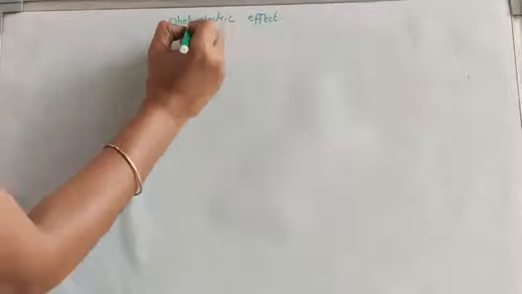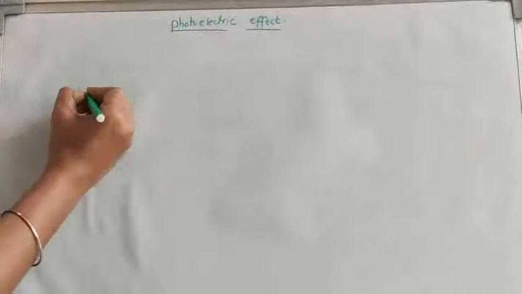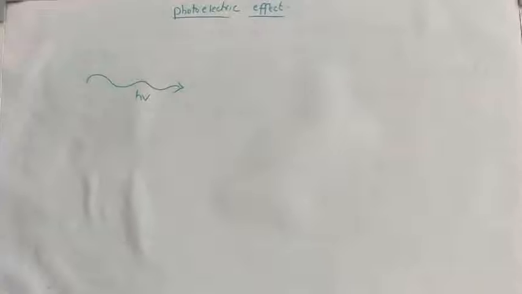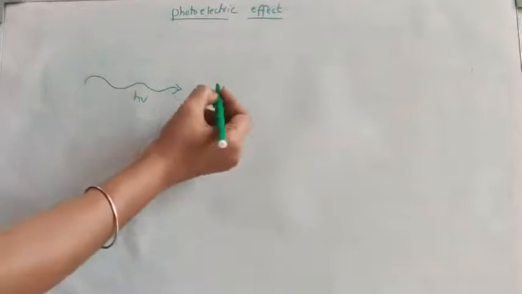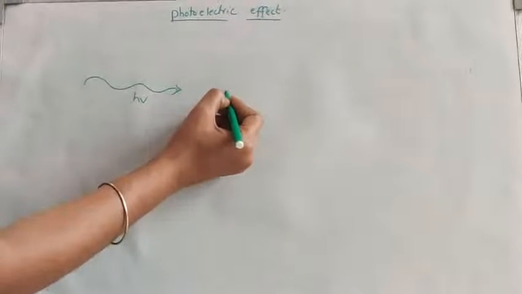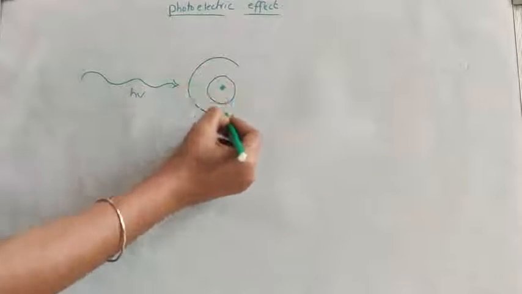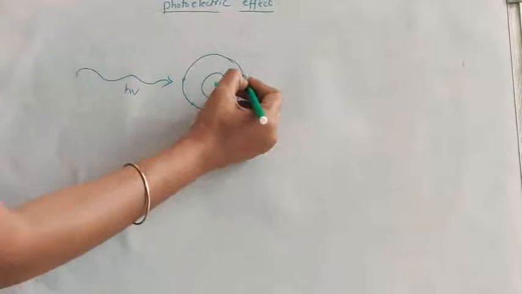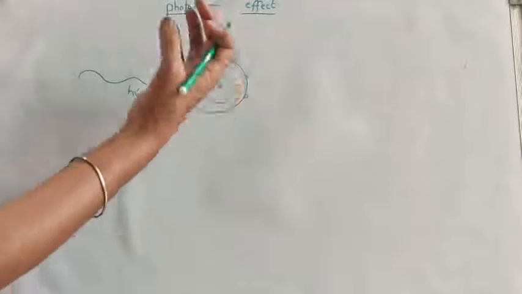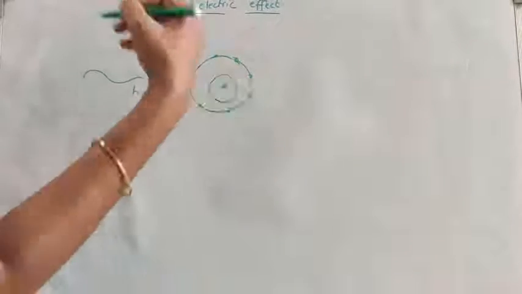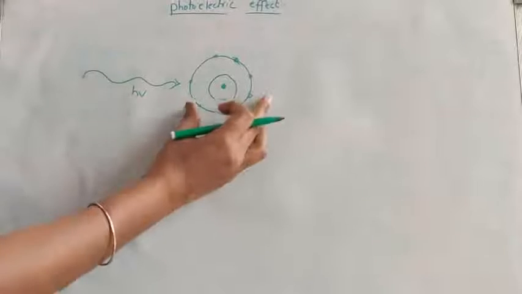What do you mean by the photoelectric effect? When a photon with energy h nu strikes an electron orbital, what will happen? The electron absorbs this photon energy and is emitted out of the atom.